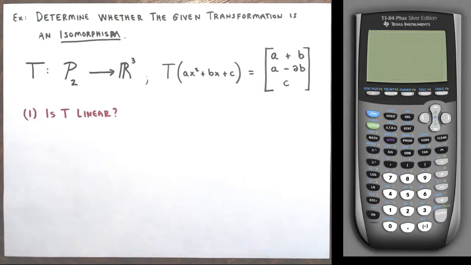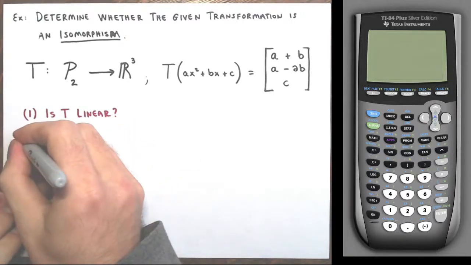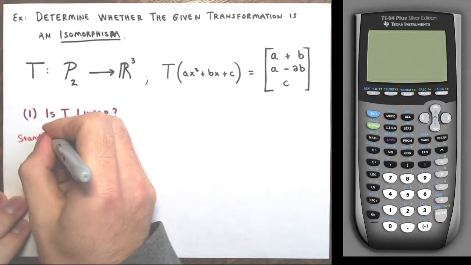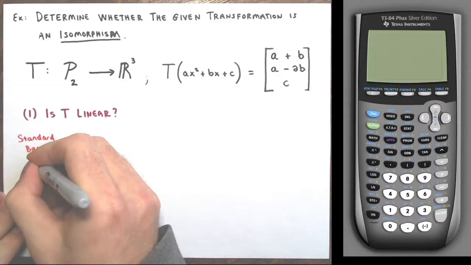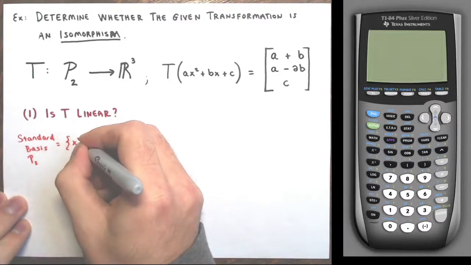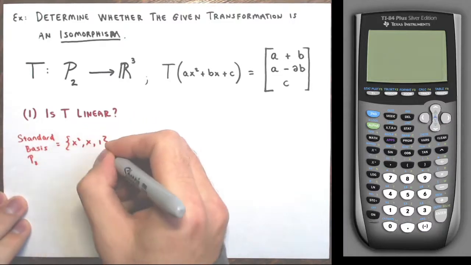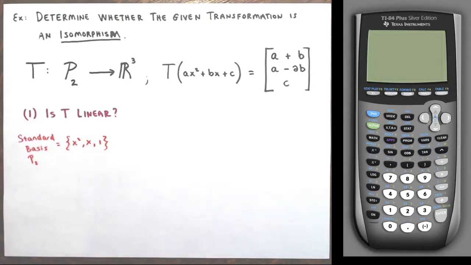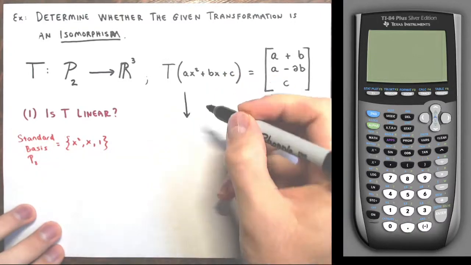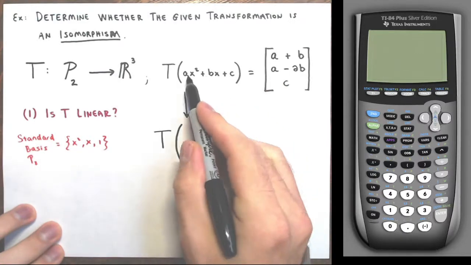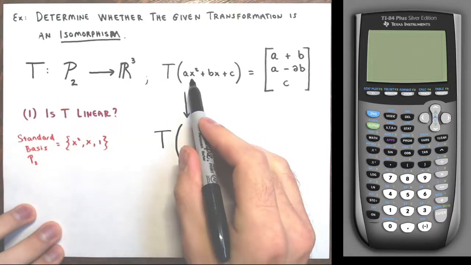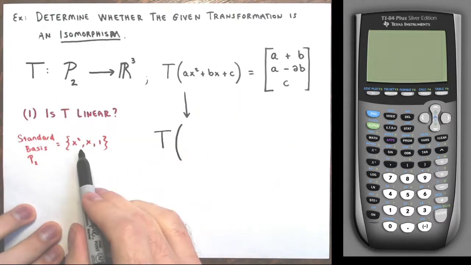So remember the standard basis for P2 was just a set with x squared, x, and 1 in it. And again, you could put it in the other order, but I'll stick to this order for this example. So I could translate this to T of, and then have my input, instead of a vector from P2, be the coordinate vector relative to this basis.